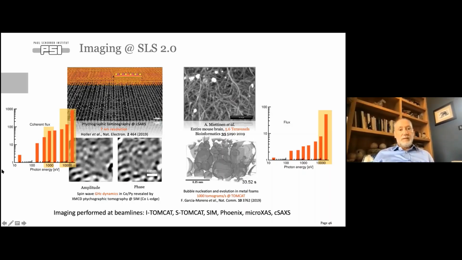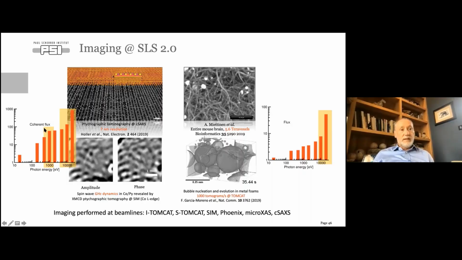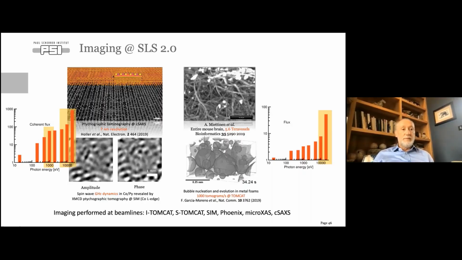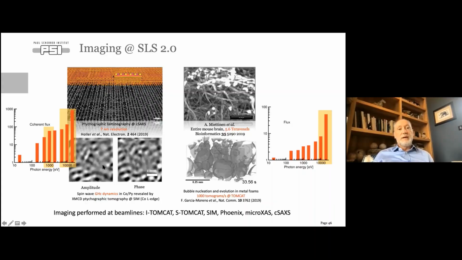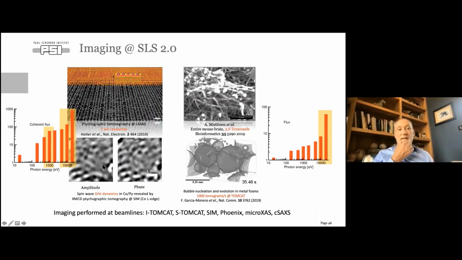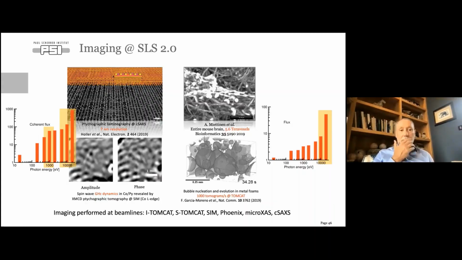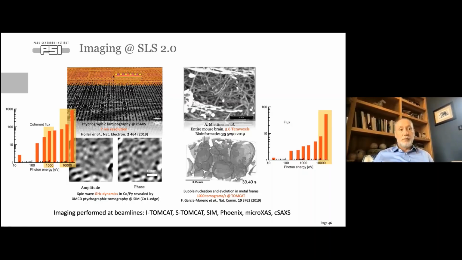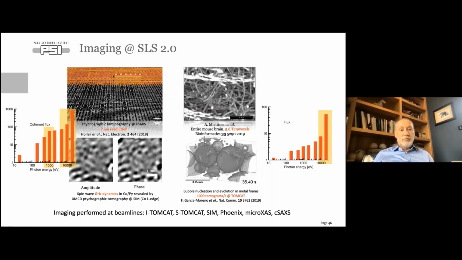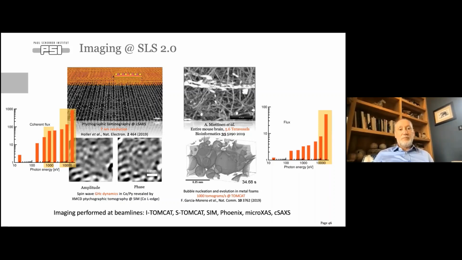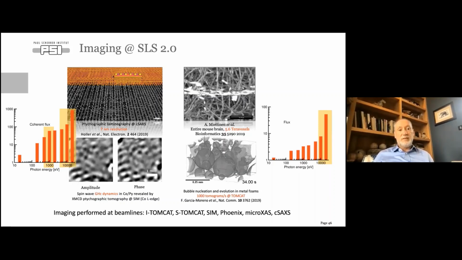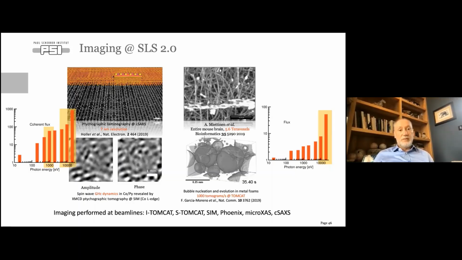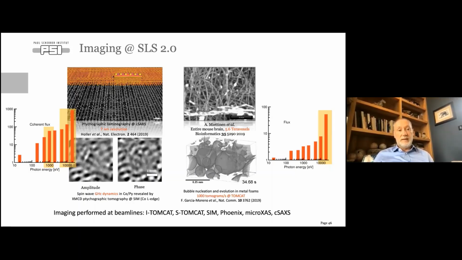It should be noted that we will also try and take advantage of the coherent flux increase even in the soft X-ray regime, and already the SIM beamline has been looking at magnetic gigahertz dynamics in cobalt permalloy structures revealed by XMCD, so X-ray magnetic circular dichroism ptychography at the SIM beamline at the cobalt L edge.